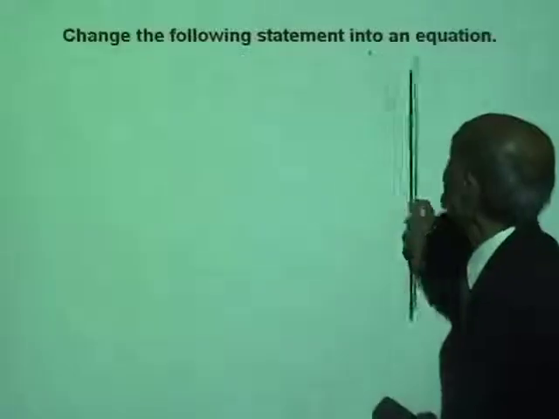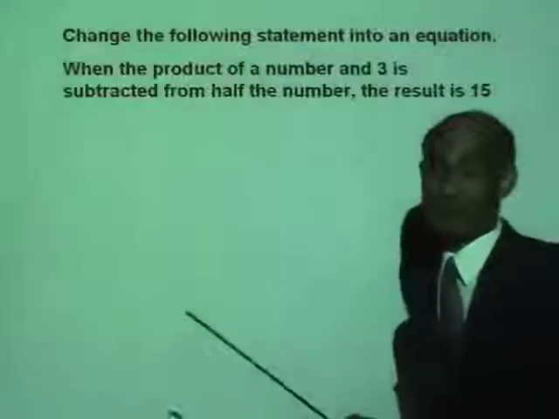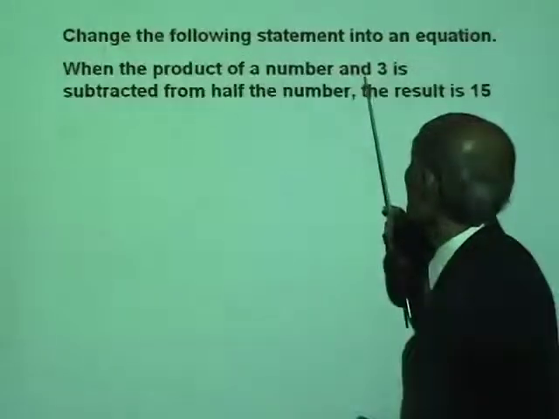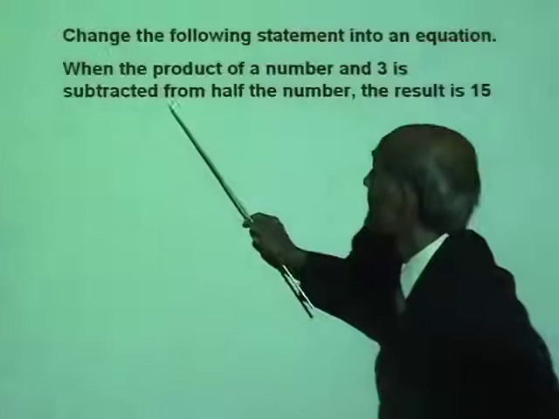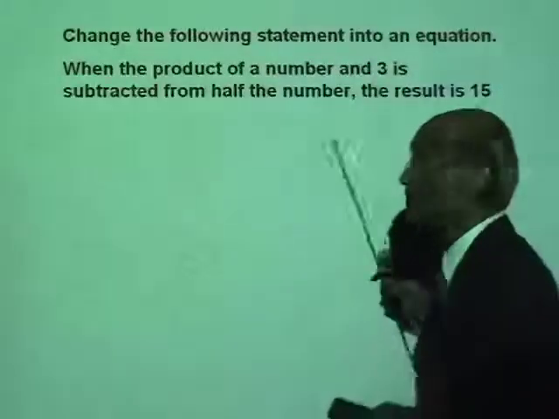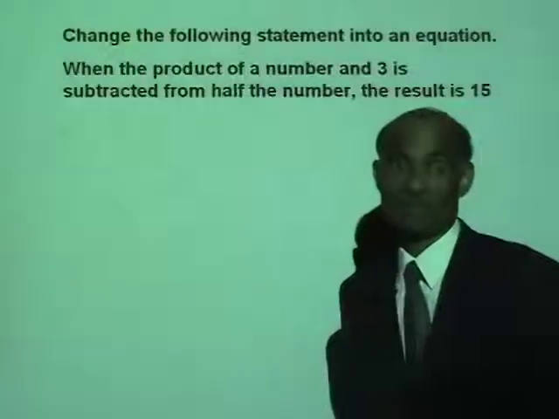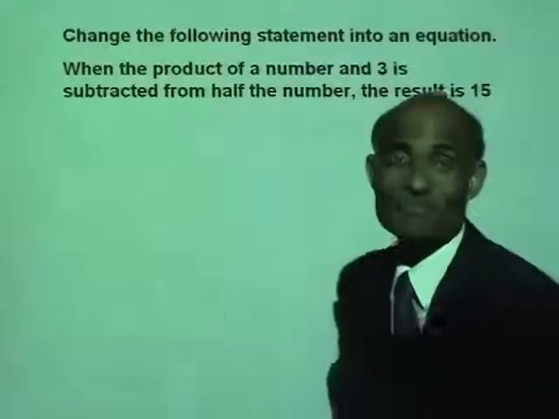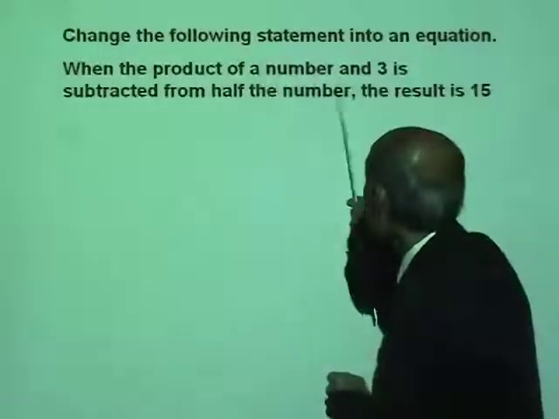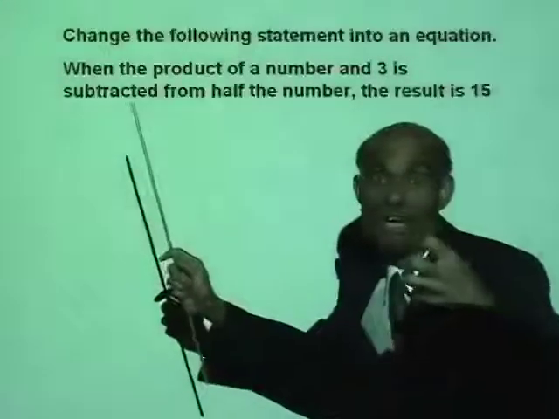Change the following statement into an equation. Alright, read it carefully. When the product of a number and 3 is subtracted from half the number, the result is 15. Alright? Think about it. When the product of a number and 3, can you tell me how you will write that?